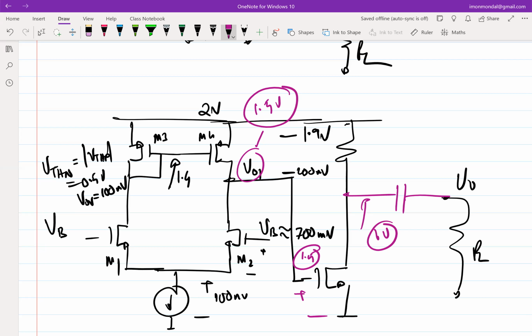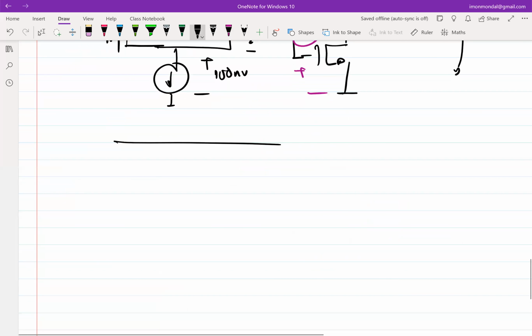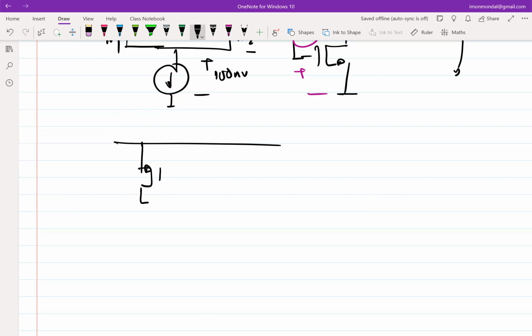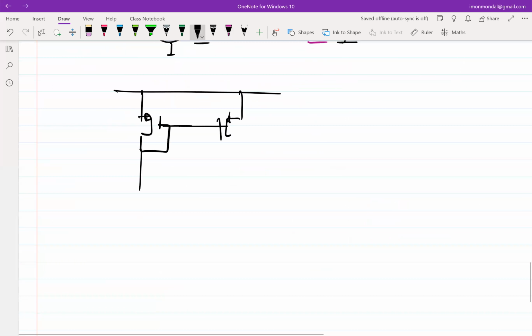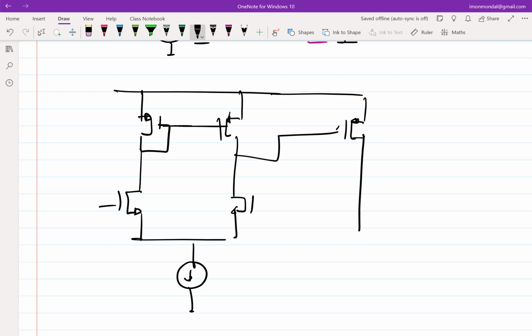But now if I choose a PMOS at the output stage, right? What's going to happen? And let's say the requirement is still the same. This voltage is of the order of 1.4 volt.